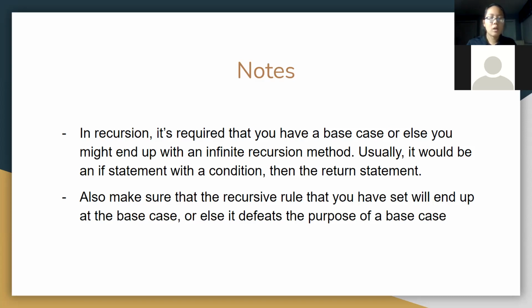It's going to continue calling print n minus 1 continuously downwards, and it's never going to reach that base case of n being greater than 5, because it's always going downwards. I'm sorry, there's no visual for that, but that's kind of the basis of it. So you have to make sure that the recursive rule you have will end up at the base case at some point. Otherwise it's never going to reach a base case, which still gives you an infinite recursion.